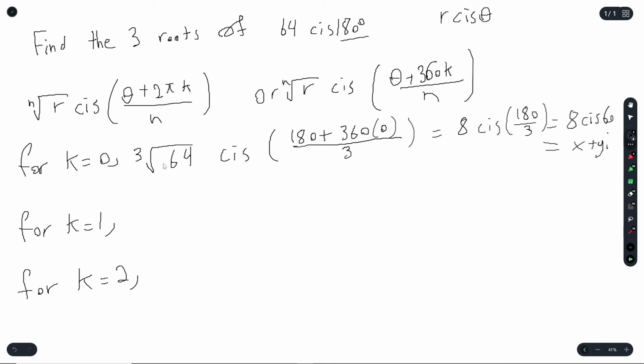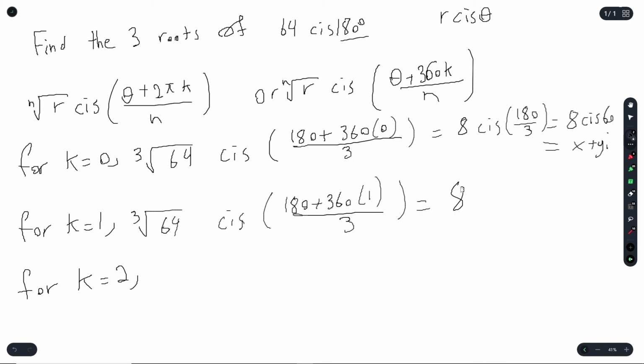So next one, it's the cube root of 64, then cis (180 plus 360 times 1) over 3, so it will be 8 cis (180 plus 360) over 3, which will give you 180.